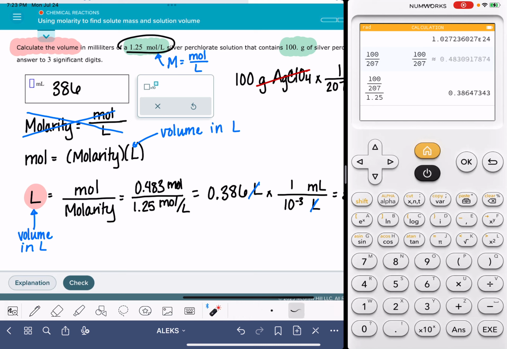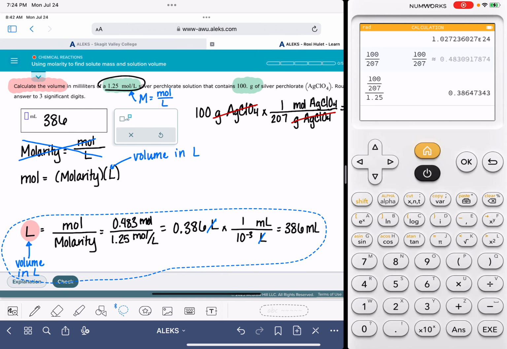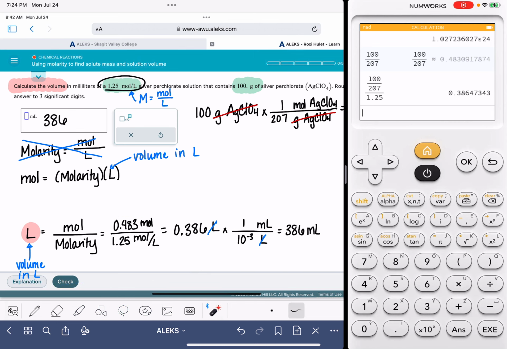In this version of the problem, where you're being provided with the volume, in the problems that I looked at, ALEKS wasn't actually asking us to calculate the moles. ALEKS was actually asking to calculate the mass, or grams.